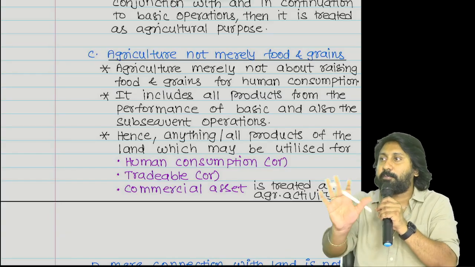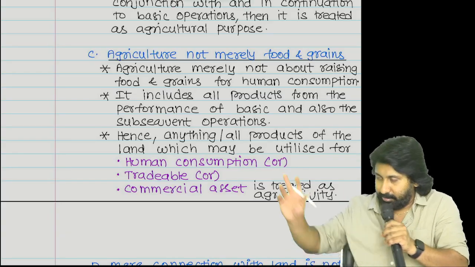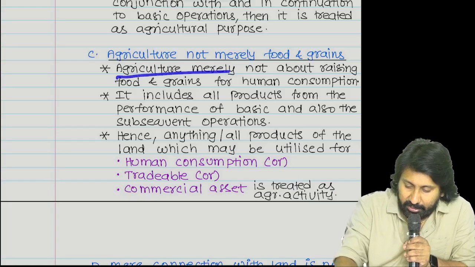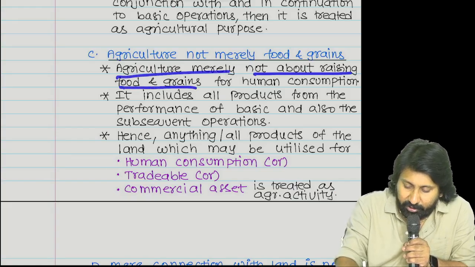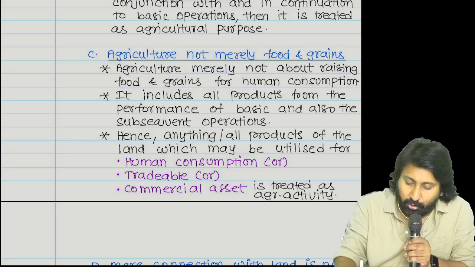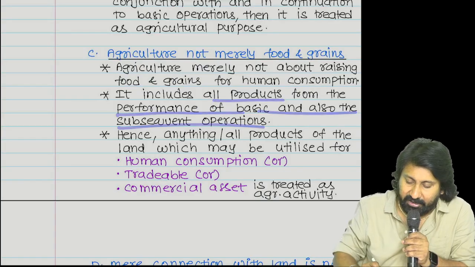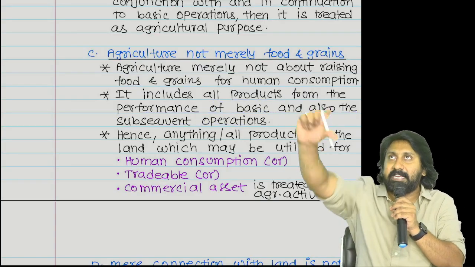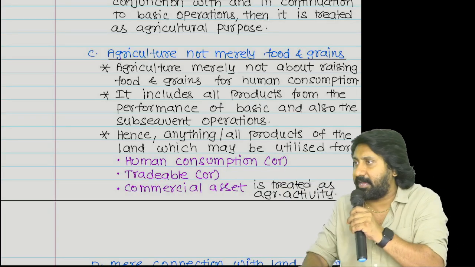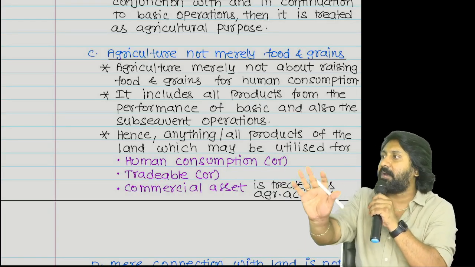Don't always think from your own point of view. Understood the point? Read: agriculture is merely not about raising food and grains for human consumption. It includes all products from the performance of basic and subsequent operations. So whatever I said, basic and subsequent, if you carry them on, I will call it agricultural purpose. It need not be for human consumption.